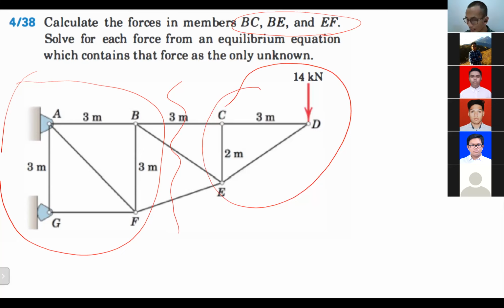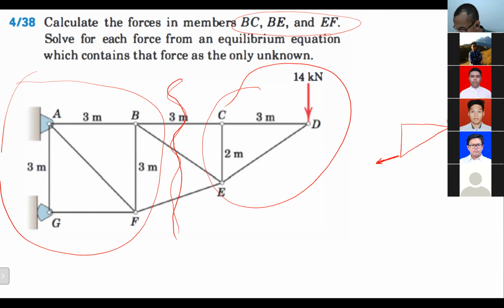So basically after we cut, we will have two free body diagrams. The first free body diagram will be the right one, the one that we discussed yesterday. All the members there will become internal forces. Then we have the 40 kilonewton external force, and besides that, the cut members will become external forces as well.